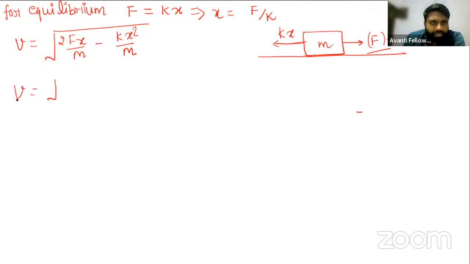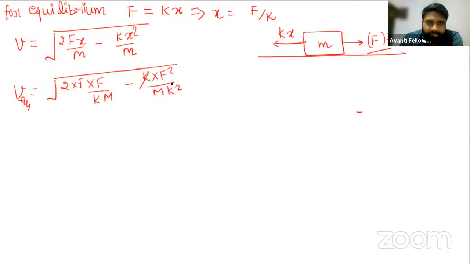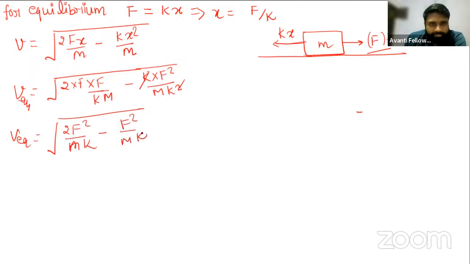So v at equilibrium is equals to square root of 2 into f into what is the value of x? x is f by k, into m, minus k times what is the value of x square? It is f square by k square, and here in the bottom side we have m. Then this power will cancel out this power. So v at equilibrium is equals to 2f square by mk minus f square by mk.